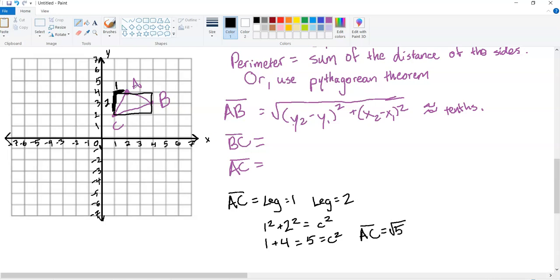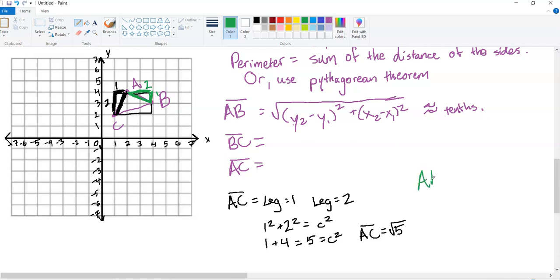I'm going to go ahead and repeat that process for each of those. So here I've got AC, which I'm filling in black, is the square root of 5. To get the rest of the perimeter, I'm now going to do the next one. The next one is a right triangle of 2 and 1, for this green side.